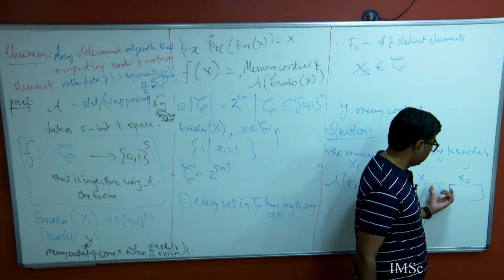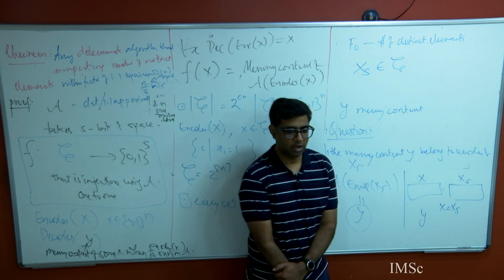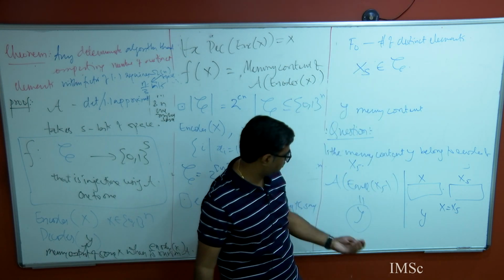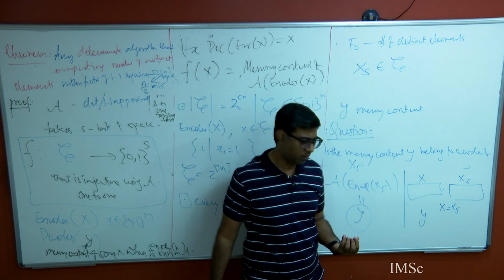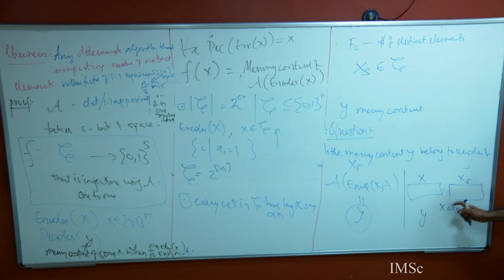If x is equal to xs, how many distinct elements will I get? I have f0. Based on y, I have f0. Right? So suppose I feed xs and xs is equal to x, what will I get?